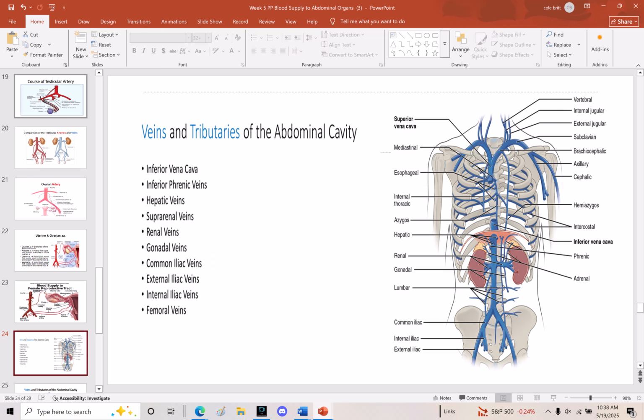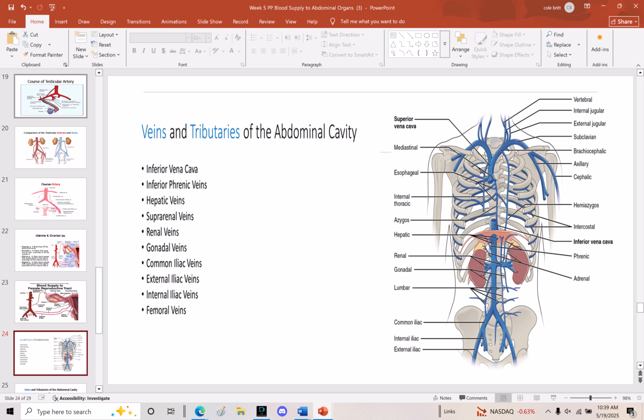So everything that came up through the portal system and was reprocessed, made into whatever it needs to be, drains into the circulatory system right here at the hepatic vein. And then down here, as you go down, we have our lumbar veins corresponding to that as well.